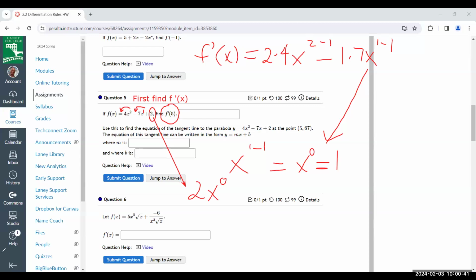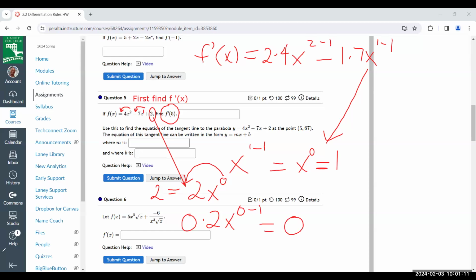So 2 is the same thing as 2 times x to the power of 0. So if you're finding the derivative of this, think power rule. Notice the 0 would drop to the front, and you would end up with 0 times 2, x to the 0 minus 1, which I really don't care about because 0 times anything is just 0.